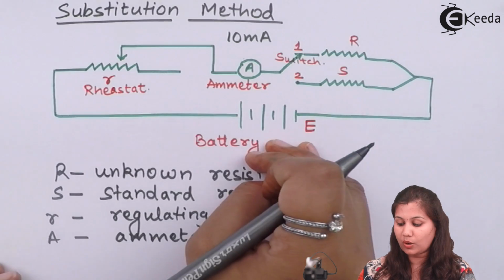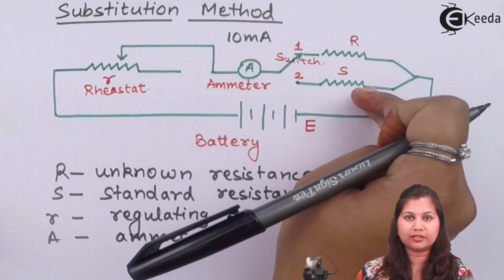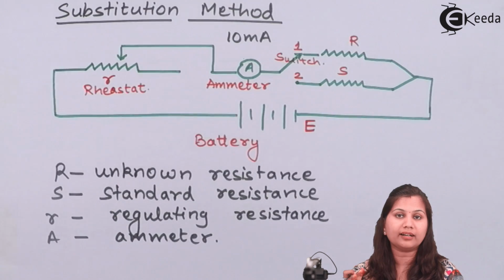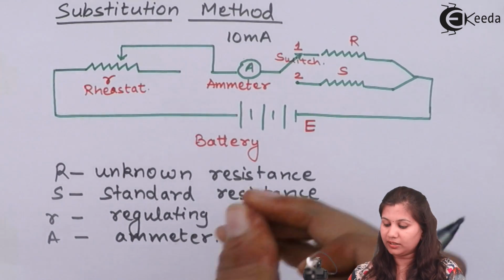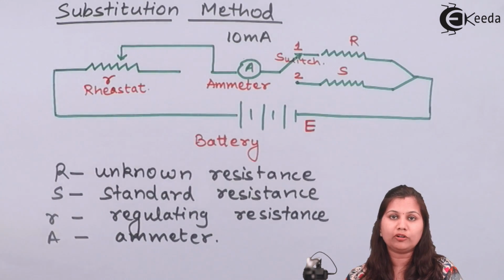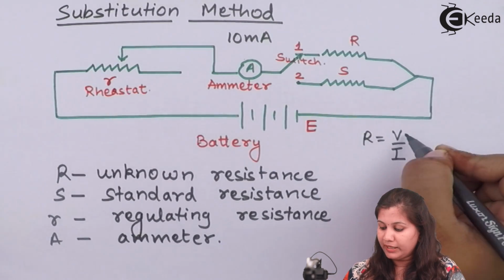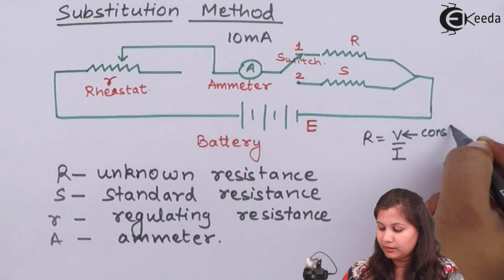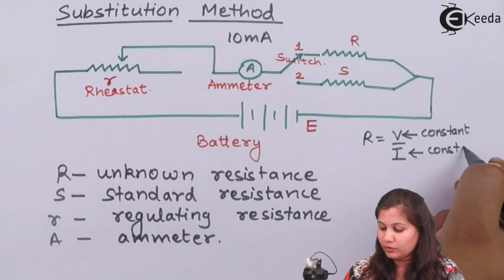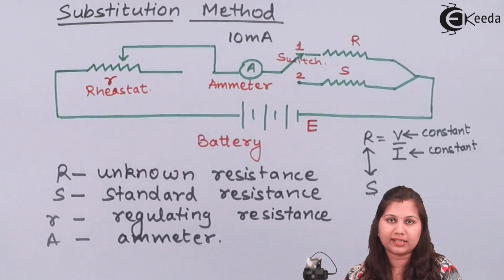Now when the EMF is constant and current is constant, then only we can substitute the standard resistance with the unknown resistance, or we can say that these two resistances are equal. If there is any change in the EMF, then the values of the two resistances will not be equal, because resistance is equal to V by I. We have made V constant, then we have made the working current also constant, then only we can equate the two resistances, or we can substitute the two resistances.